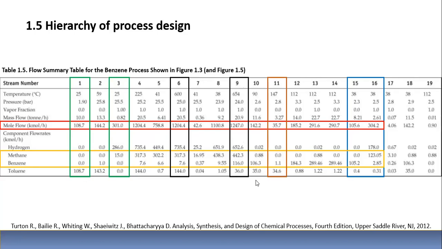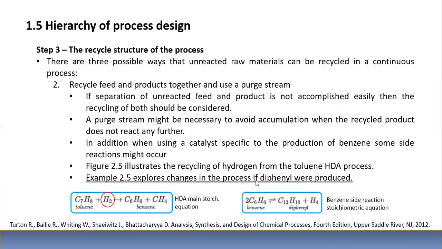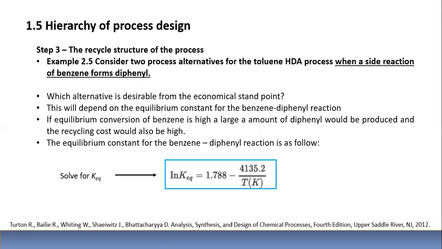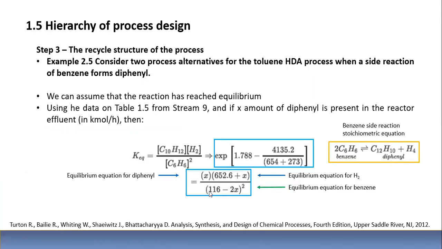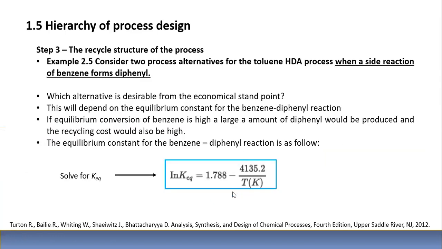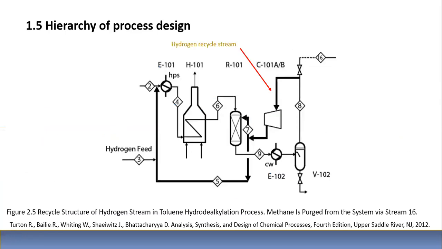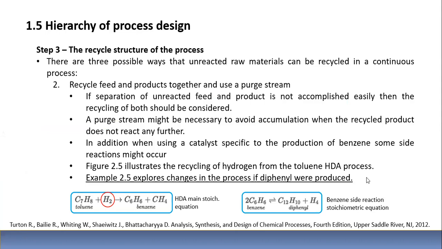So that is what we will see here: 116 kilomoles per hour minus 2x, because the reaction requires 2 moles of benzene to produce 1 mole of diphenyl and 1 mole of hydrogen. It is a reversible reaction, and that means products over reactants.